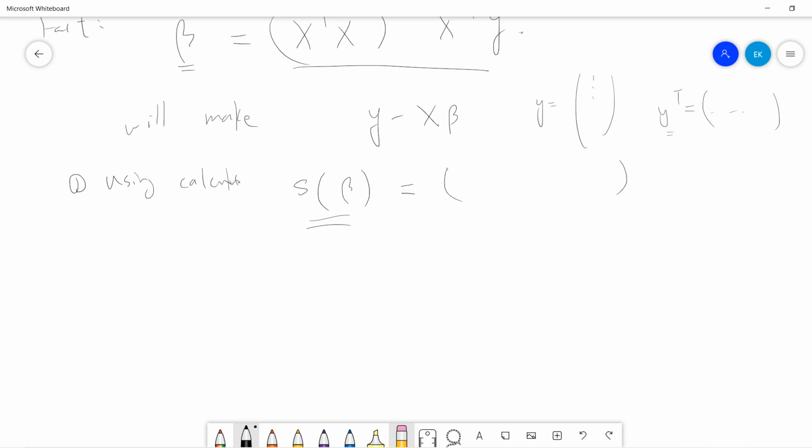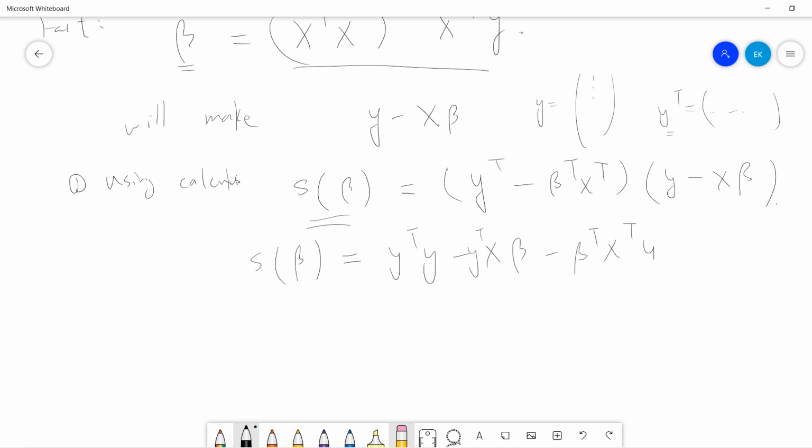So it will be y transpose minus beta transpose x transpose. Note that we are not assuming that x is symmetric; usually it is not. So this becomes y^T y minus y^T x beta minus beta^T x^T y plus beta^T x^T x beta.